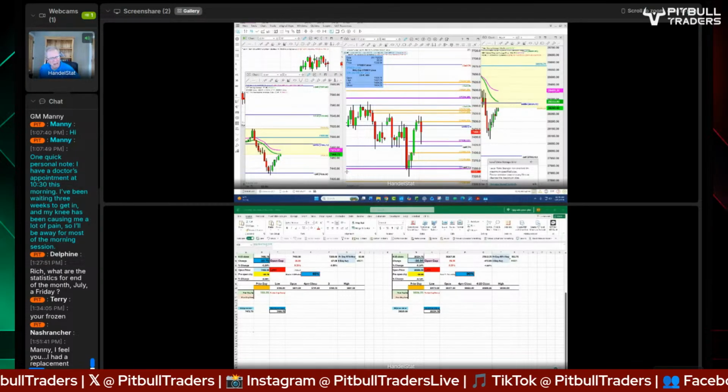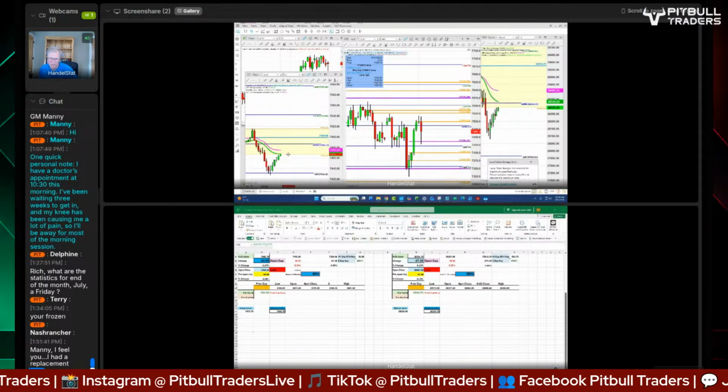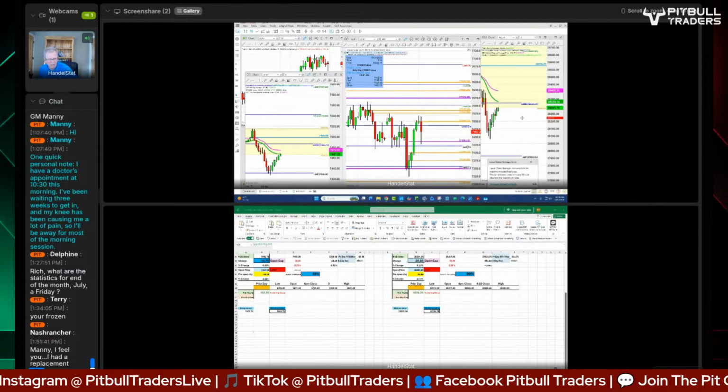Looking at the S&P over here, it's right at the BGL. It's right at the bottom of the open range, and NASDAQ's right at the bottom of the open range. They can recover that.